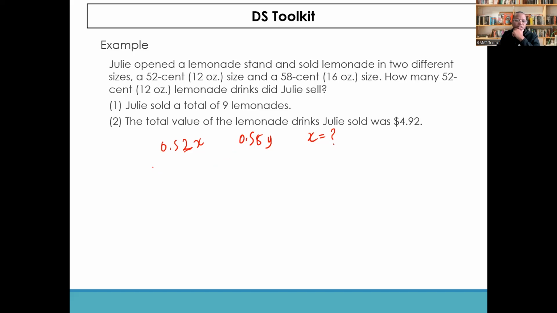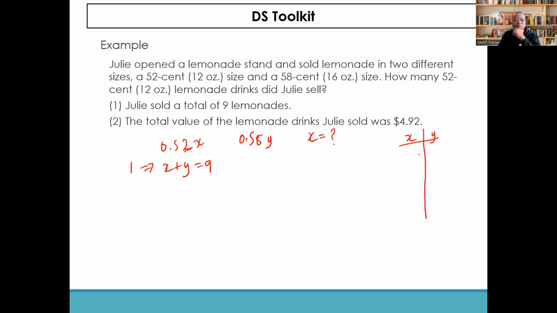So the first statement says that Julie sold 9 lemonades. That means that X plus Y is equal to 9. How many combinations of X and Y can we have that give us 9? On this extreme end, X and then Y, we can't have 9, 0.